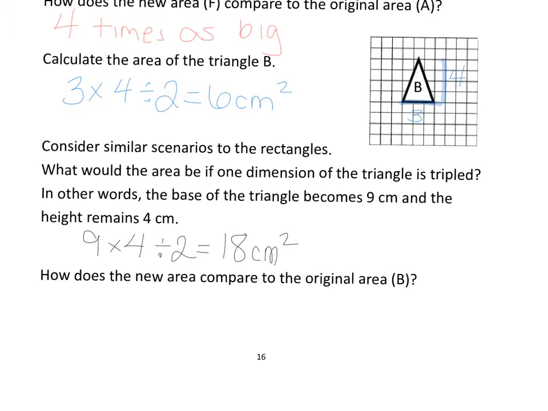What it's asking is, how does the new compare to the original? That's our new one. The original, well, 18 over 6 is 3, so we end up with 3 times as big.